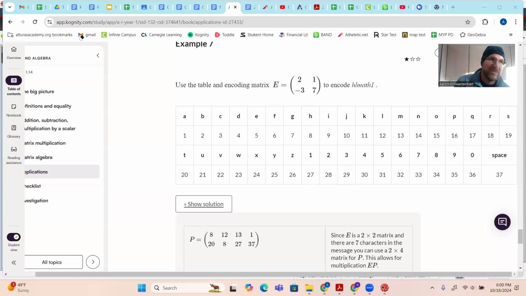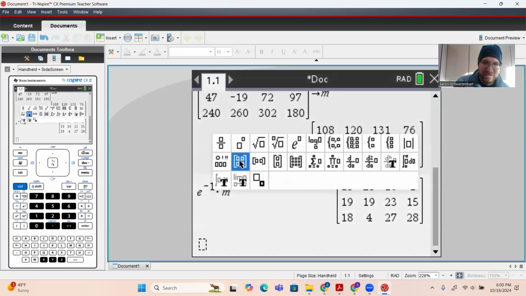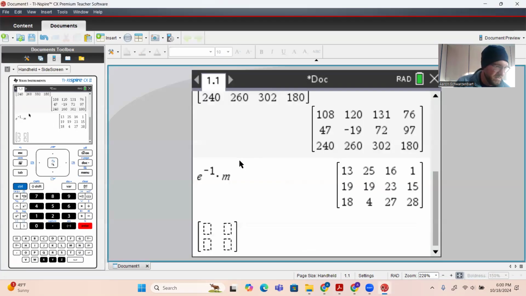I go over to my TI Inspire and I go, okay, matrix 2 by 2. Since I got a 2 by 2, I'm just going to use the shortcut. 2, 1, -3, 7. I'm just going to store it as E so I can do E inverse.